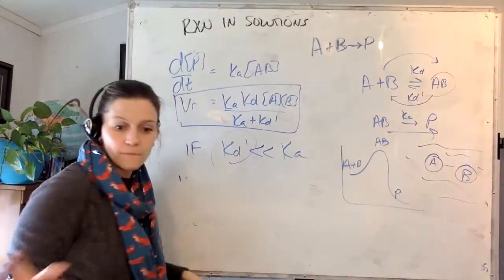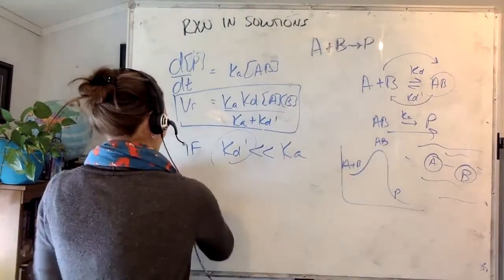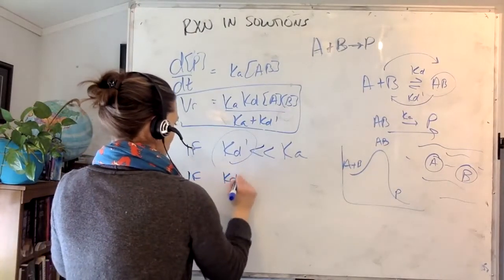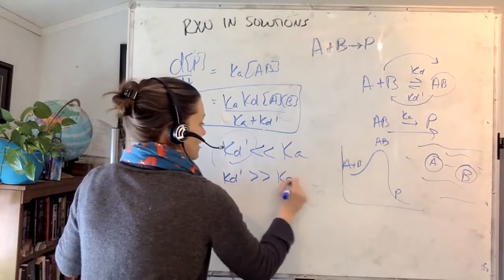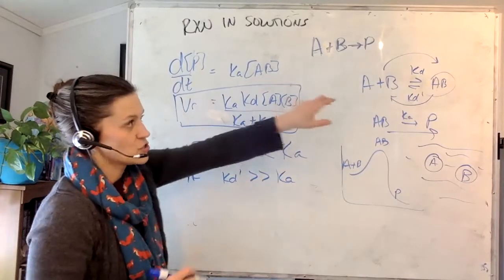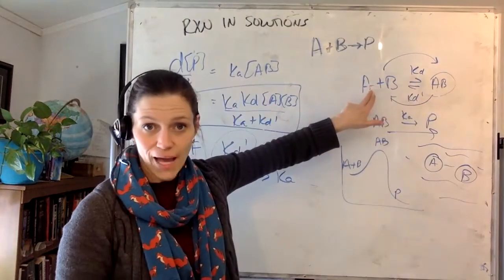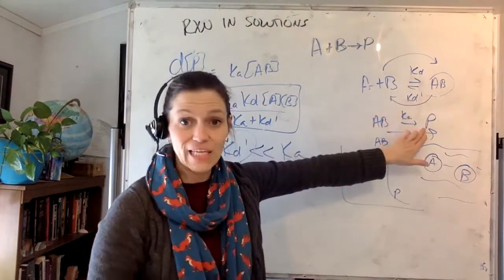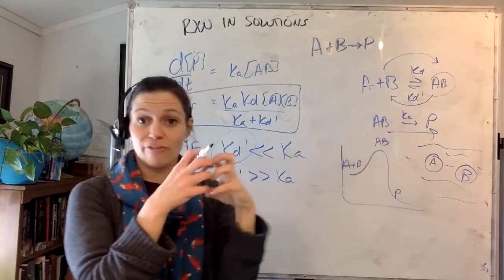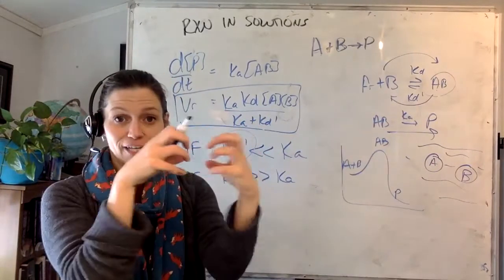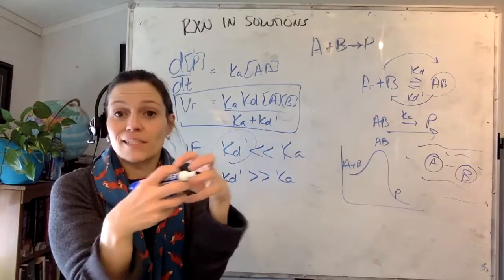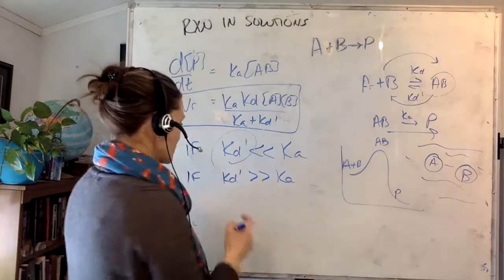But if we have, however, instead of Kd prime much, much less than Ka, let's take the other extreme. If Kd prime is much, much greater than Ka, such that as soon as A and B are formed, they immediately go back to A and B such that P is never formed, even if A and B find each other. So they diffuse around and they find each other, and then it still doesn't necessarily yield a product.